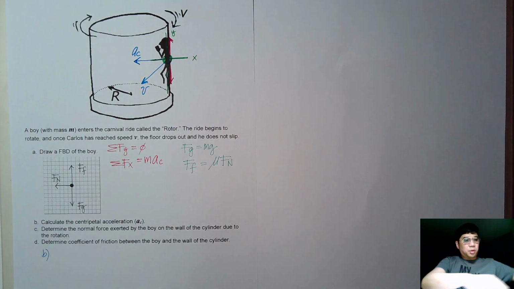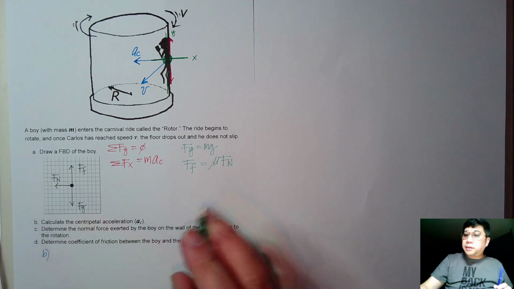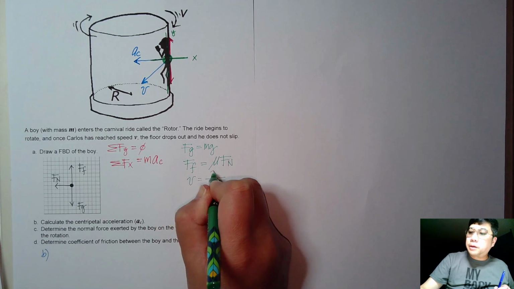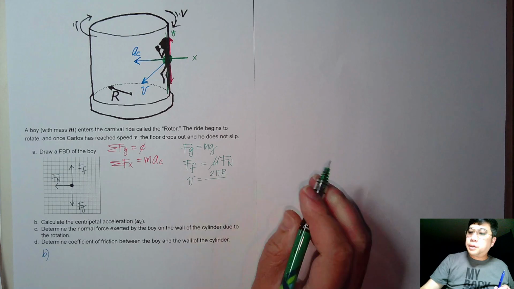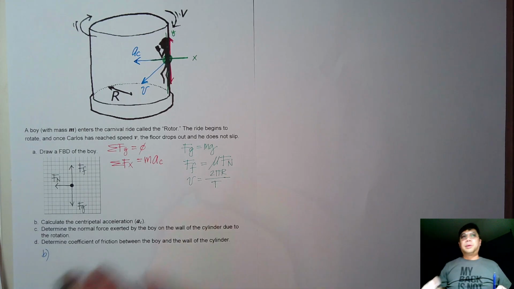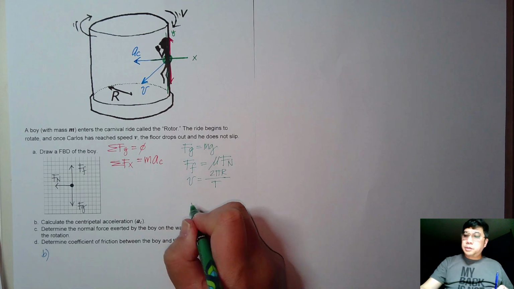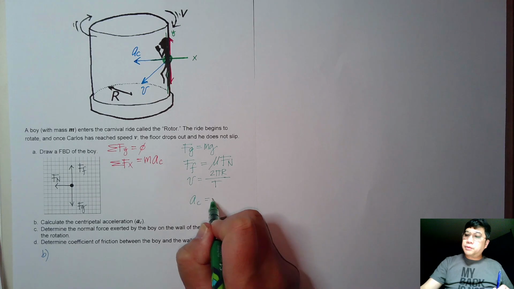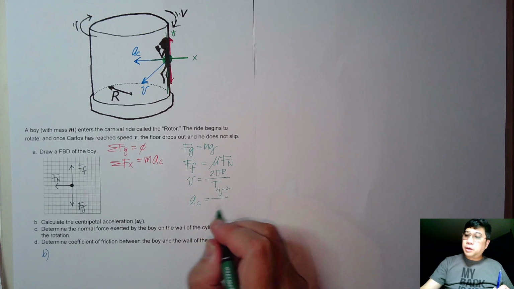I almost forgot to write it down: the velocity is 2 pi multiplied by the radius divided by T, the period. And then the centripetal acceleration is v squared over r.